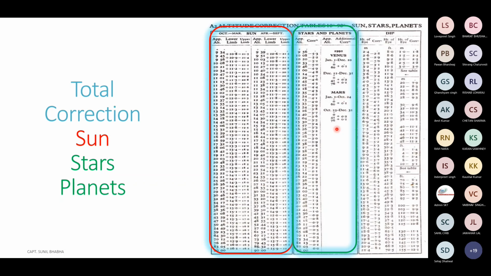Now a doubt may arise in your mind. What is this additional correction for? Now basically Venus and Mars are closer to us compared to Jupiter and Saturn, which are the other two planets used for celestial navigation. Being closer to us, they appear slightly bigger, and just like the Moon, it is possible that they may be showing phases.